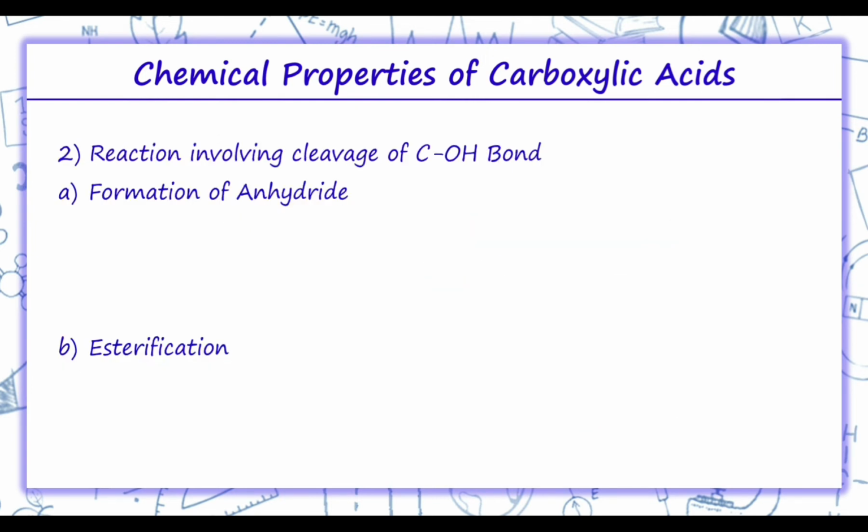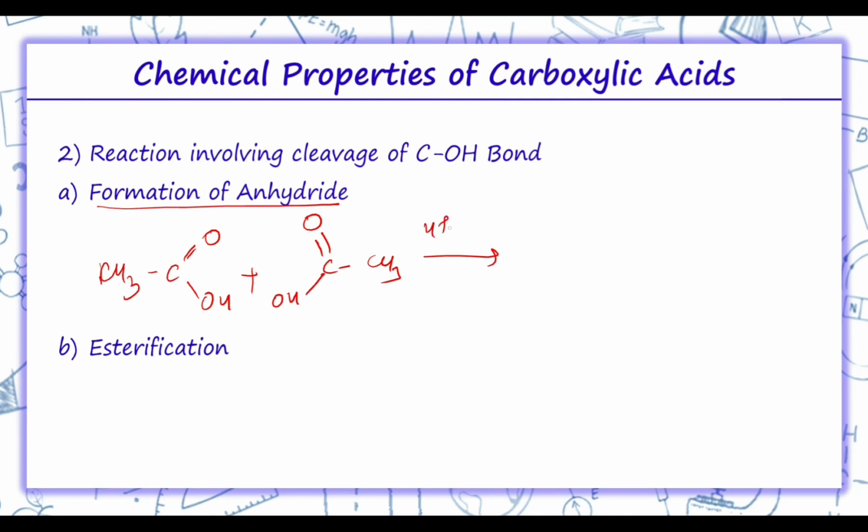Now, moving on to the reactions that involve cleavage of the C-OH bond. So, the first is formation of anhydrides, carboxylic acid on heating with mineral acids. So, we have a carboxylic acid like CH3COOH. Now, when they are heated with mineral acids like H2SO4 or with P2O5, we get the corresponding anhydrides.